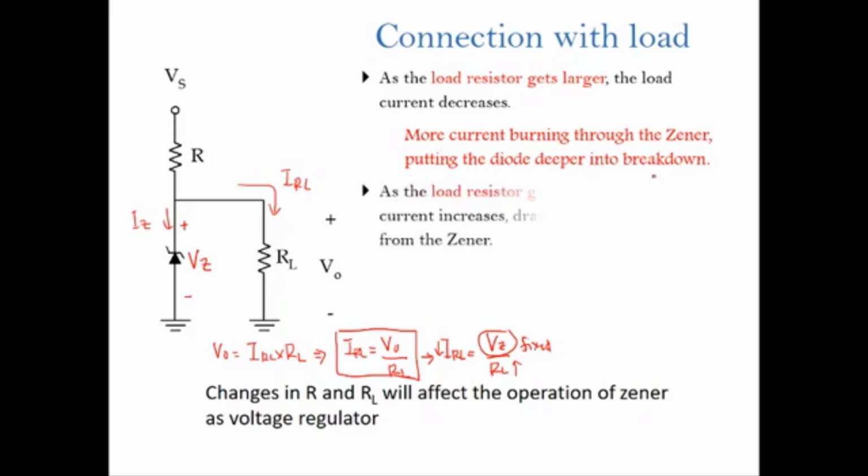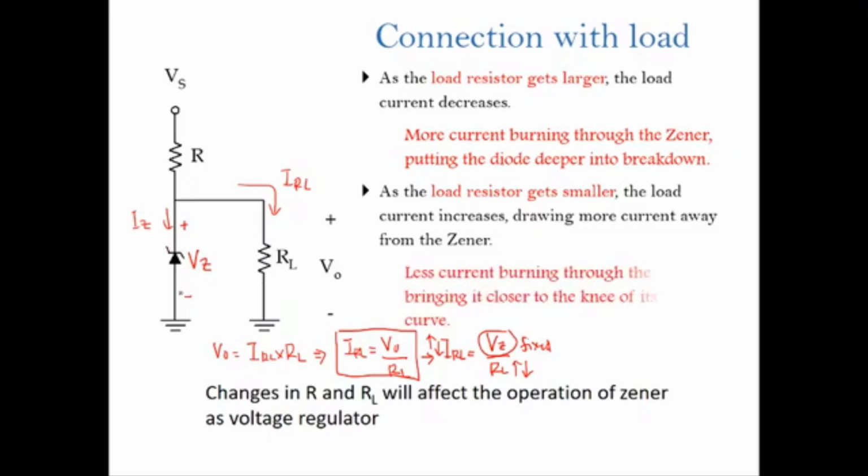Okay. What if the load resistor gets smaller? When the load resistor gets smaller, the load current increases. When the load current increases, much current is drawn to the RL, so there will be less current across the Zener. So what happens?